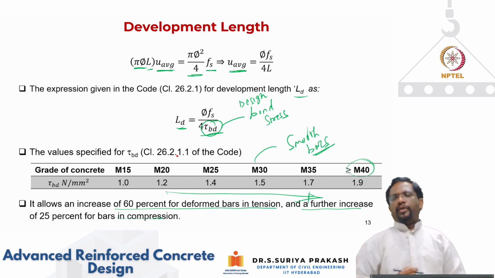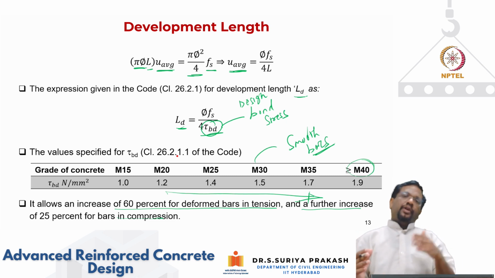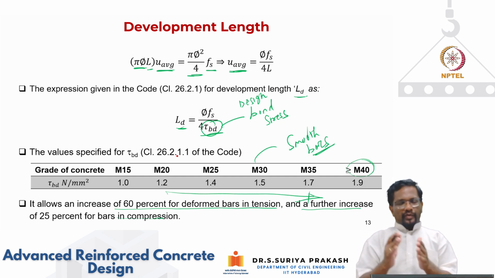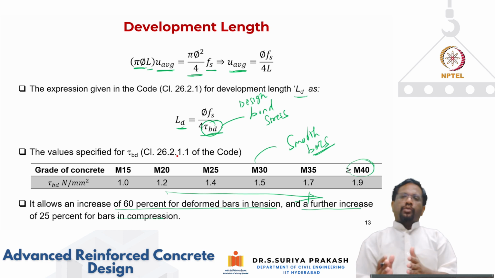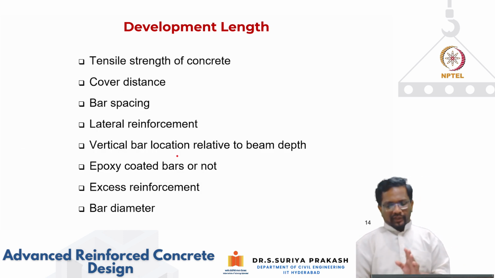That means I can multiply this by 1.6. And if I'm doing it for bars in compression, this value can be multiplied by another 25%. That means the development length we calculate for compression will work out to be 25% lesser than what you get for tension, right? So that is the idea.